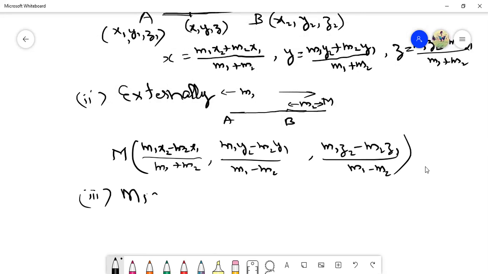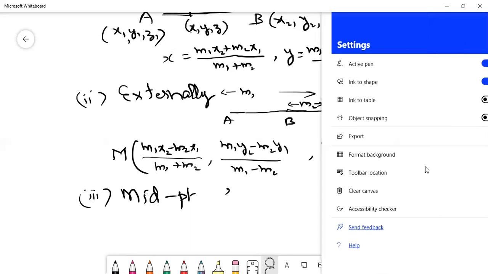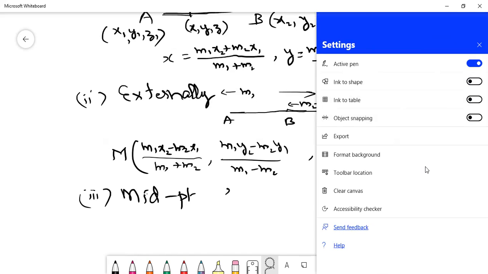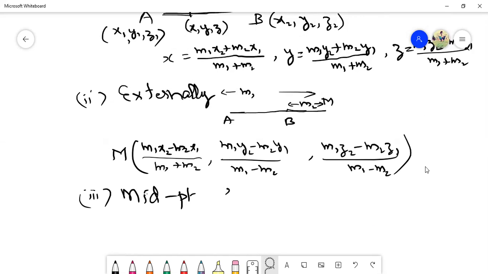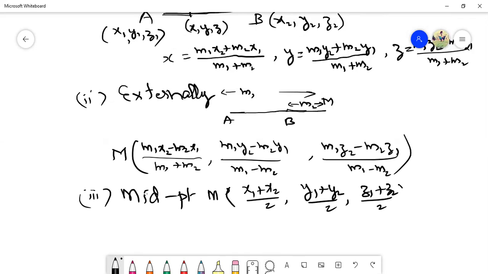Suppose the midpoint is M, so its coordinates will be equal to x1 plus x2 by 2, y1 plus y2 by 2, and z1 plus z2 by 2.